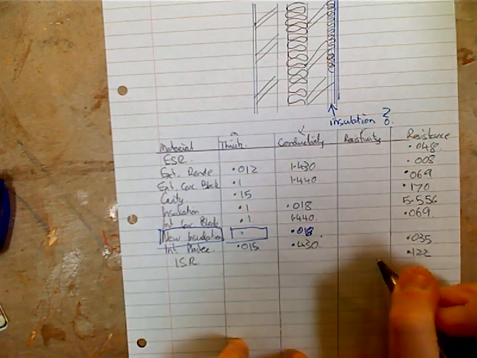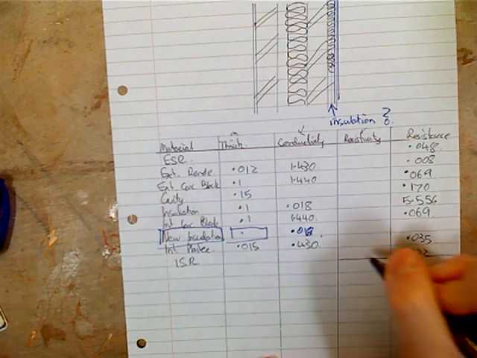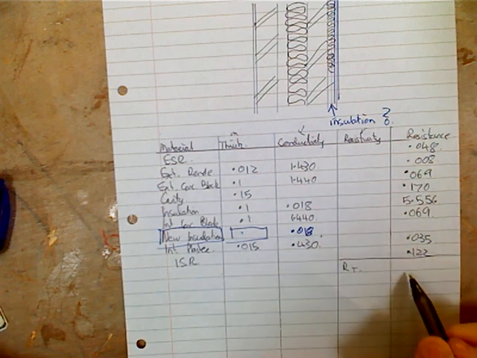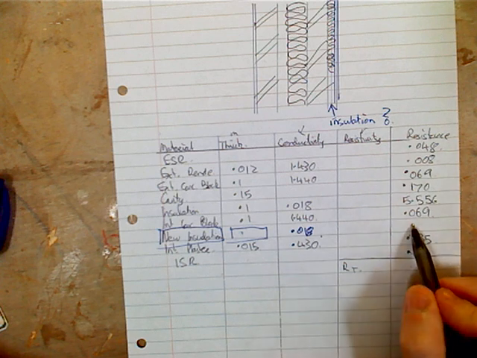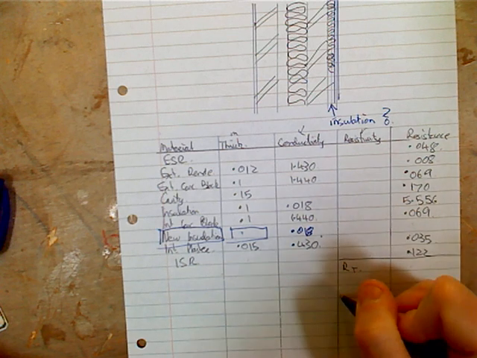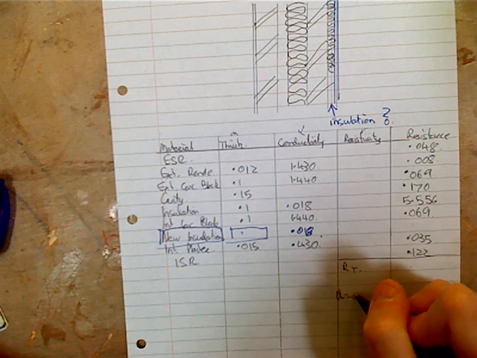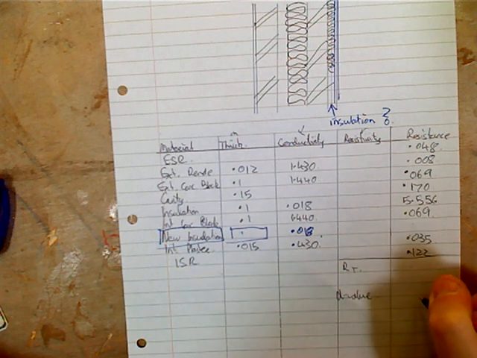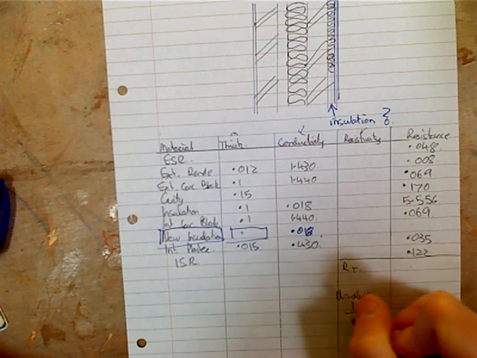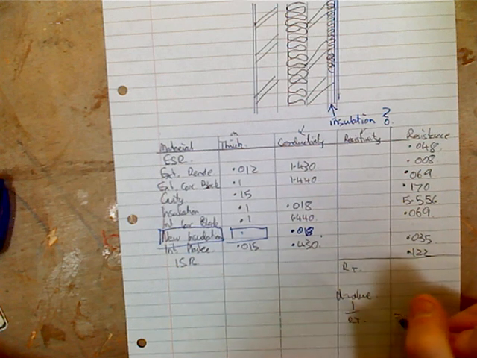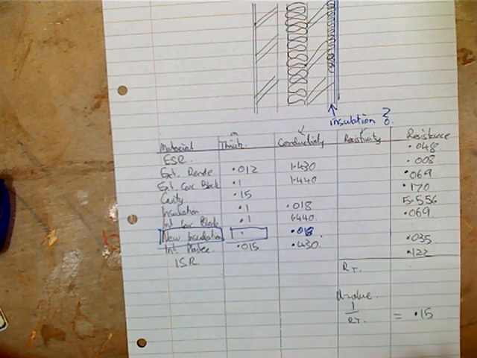So we know then the values for us are changed. Our total value is going to change because we have a figure in here that we have to put in. And our U value is now changed from what it was. Our U value is 1 over RT, which is equal to 0.15. Now we have to work backwards.